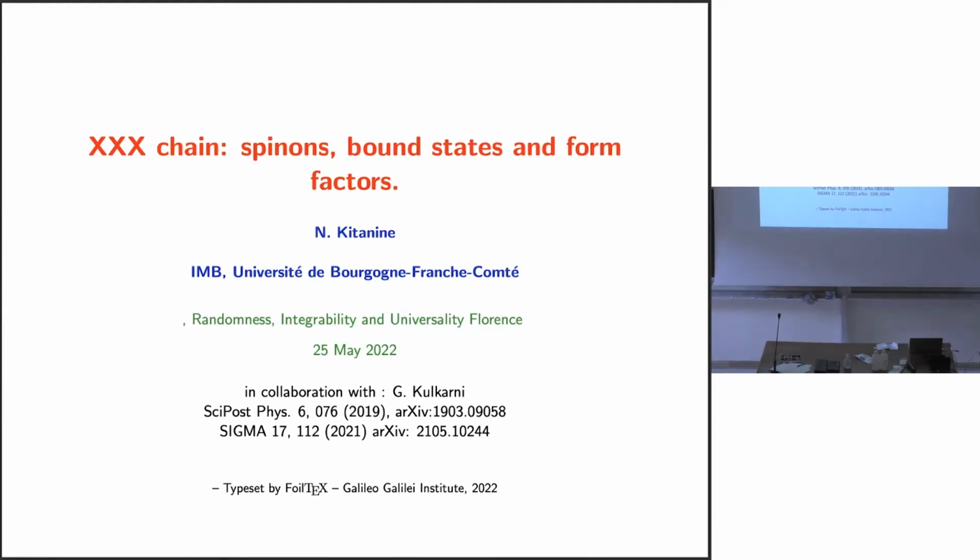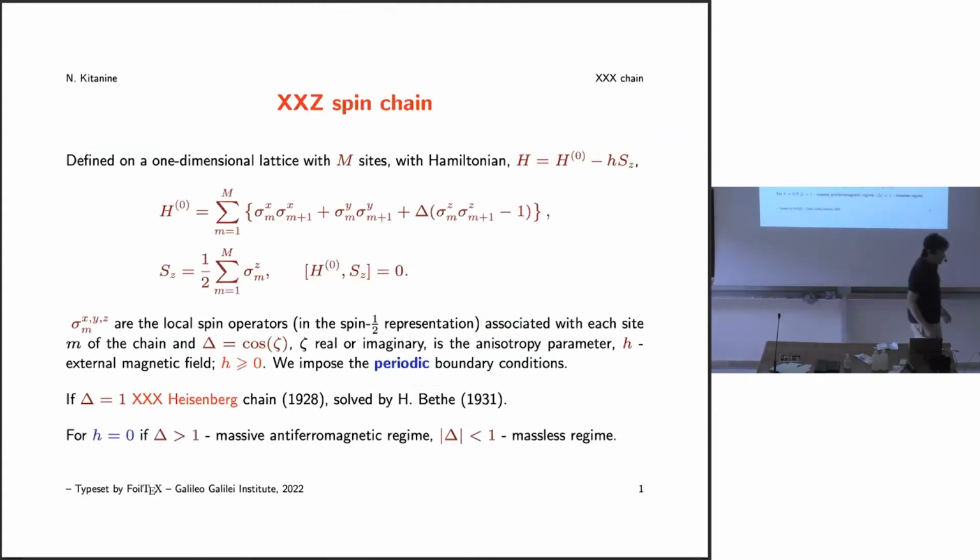So what is the problem? Well, I'll start with our favorite model, the XXX spin chain. Here is the most general spin 1/2 Hamiltonian with some magnetic field, with some anisotropy parameter.